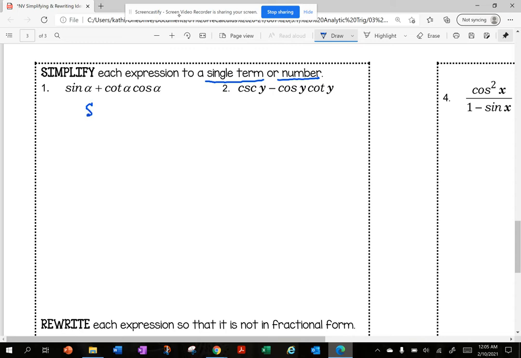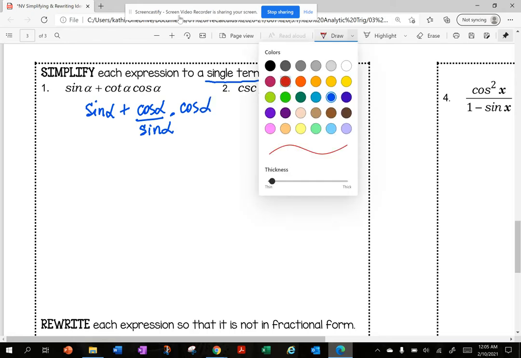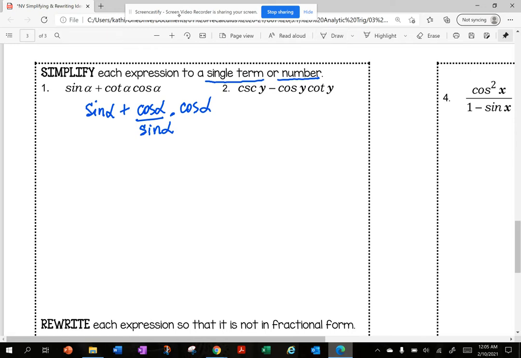So this is going to be sine of alpha plus cotangent is cosine of alpha over sine of alpha times cosine of alpha. So I want a common denominator. So my denominator is sine of alpha. So I'm going to multiply times sine of alpha over sine of alpha.